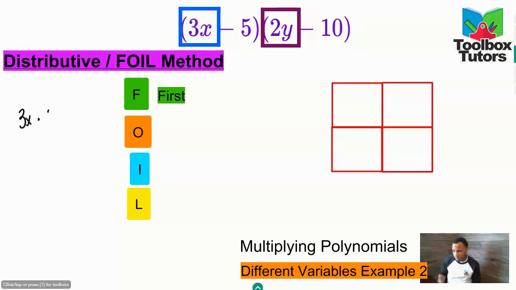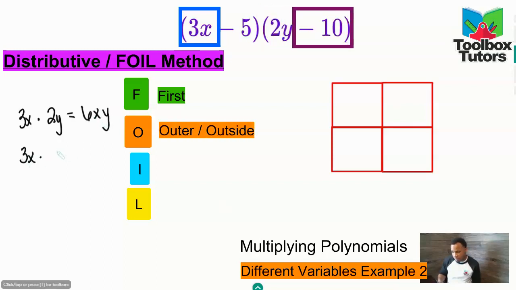3x times 2y. So 3x times 2y gives us 6xy. Next, we have 3x times negative 10. This gives us negative 30x.